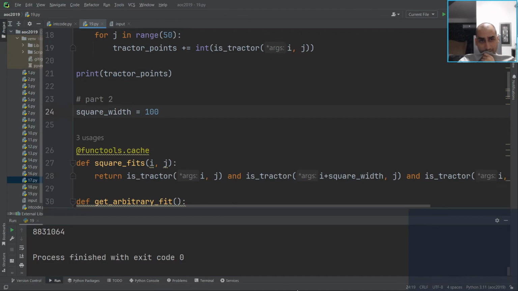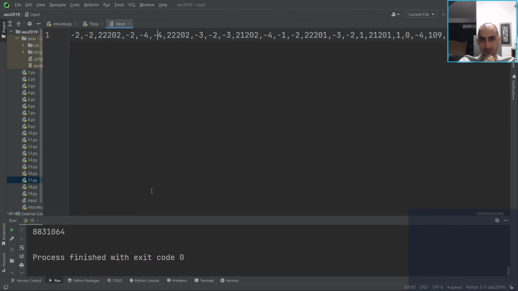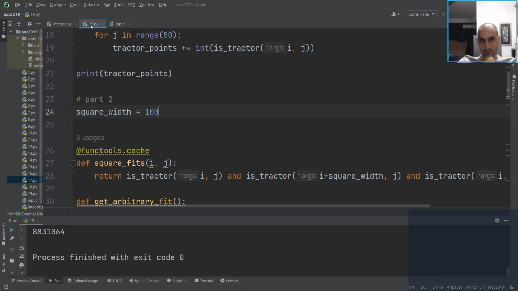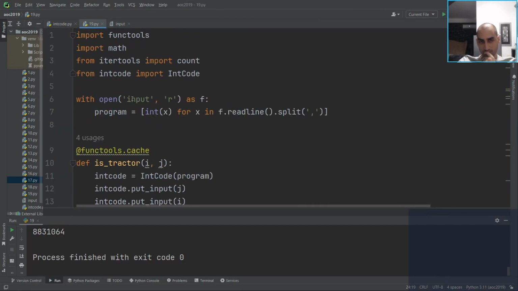No, it's annoying because they don't... How do we test this? We'd have to write our own override int code for the program.